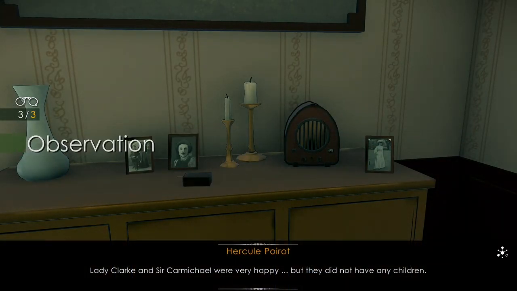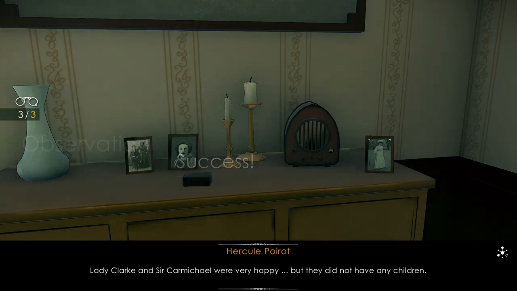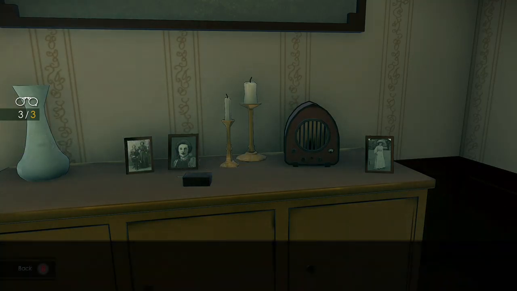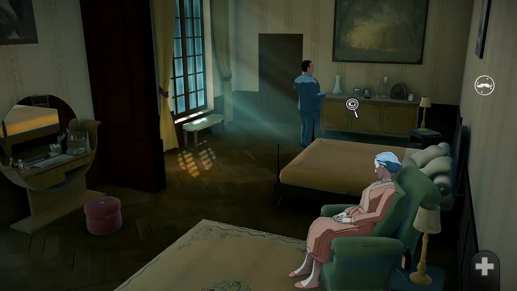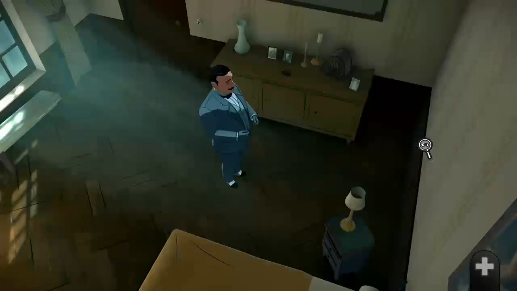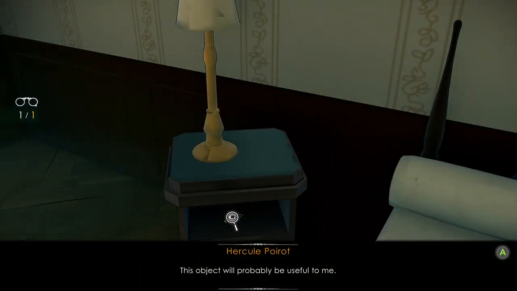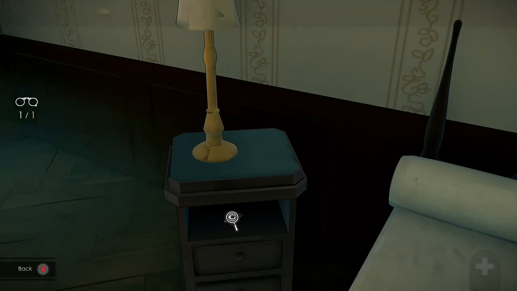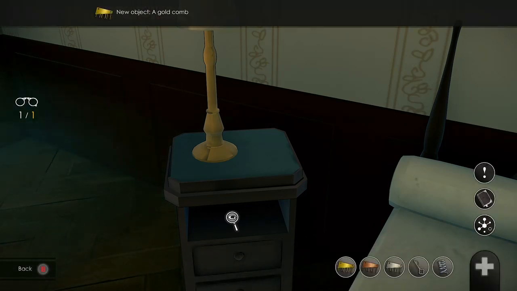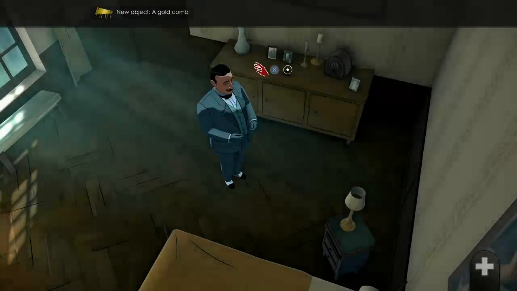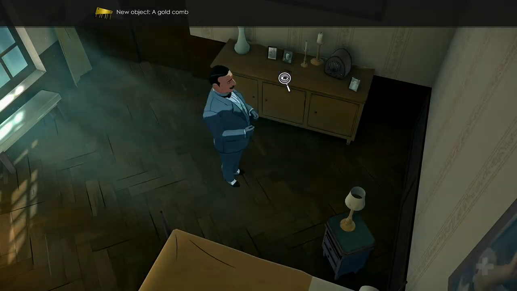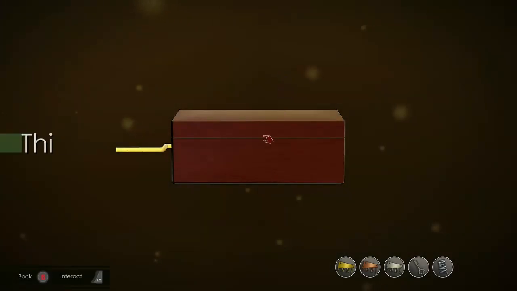Lady Clark and Sir Carmichael were very happy, but they did not have any children. This subject would probably be useful to me. Okay, so I got several combs at this point. What is this?